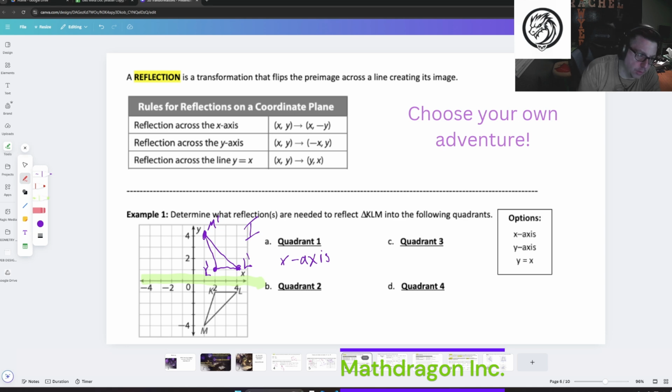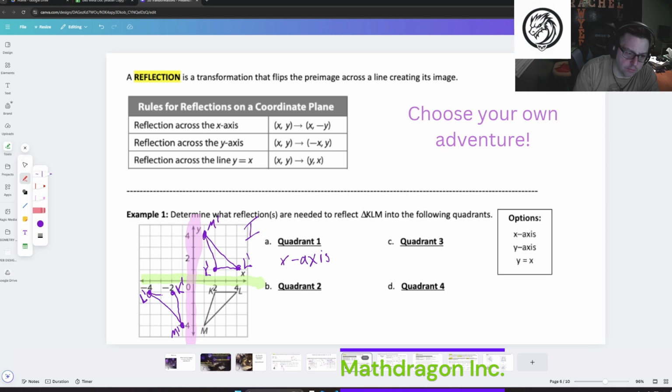Now, do that same idea, only this time we'll use the other axis, the y-axis. So let's flip it over the y-axis. If we do that, we're 2 here, 2 there. We are 1, 2, 3, 4 away, and we'll call that L prime. This is K prime. And then 1 away, this is M prime.